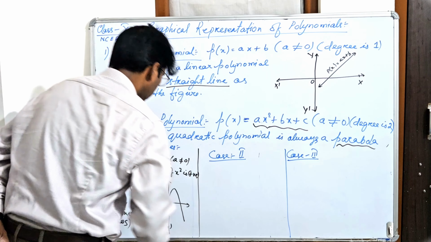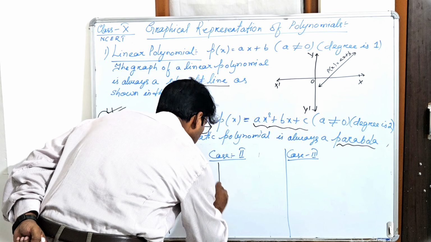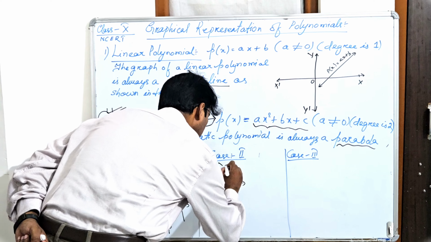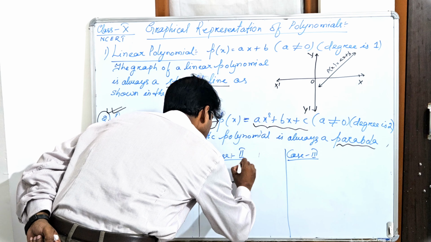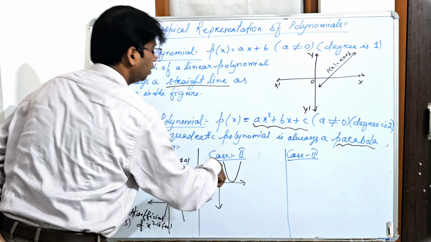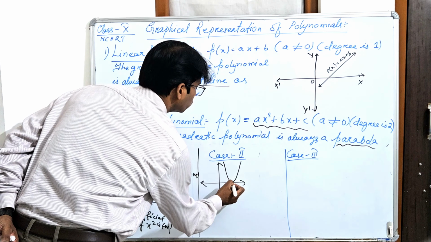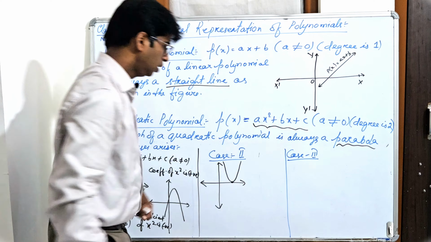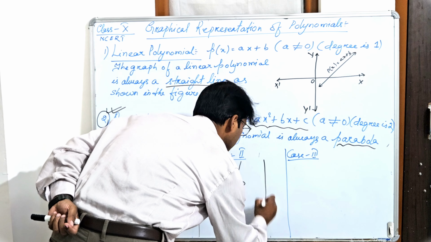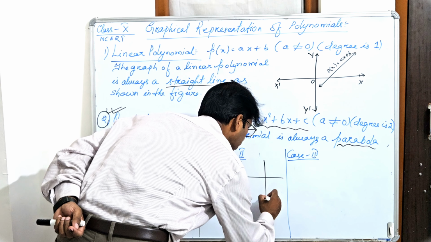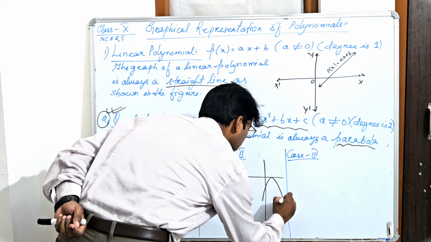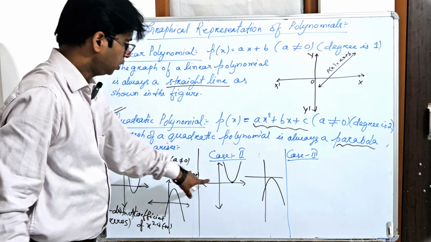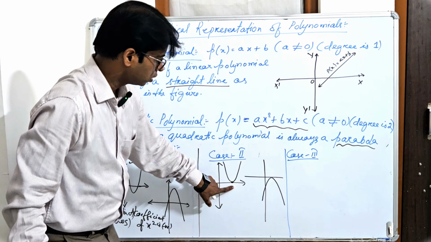In case 2, here is the coordinate axis, you can see here, and I have drawn this parabola like this. So what you see here, it is opening upward and it has only touched the x-axis. So it is a special case again, and if it is opening downward and touches like this, this is also case 2. So the parabola is just touching the x-axis at one point.